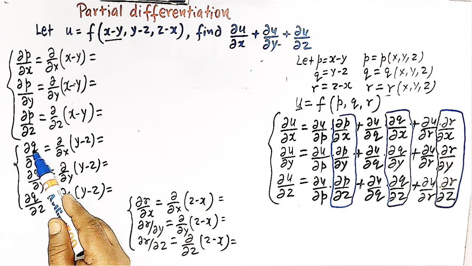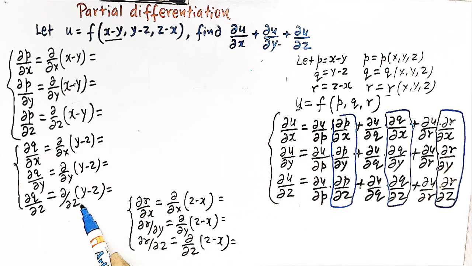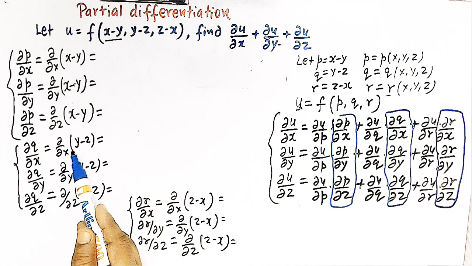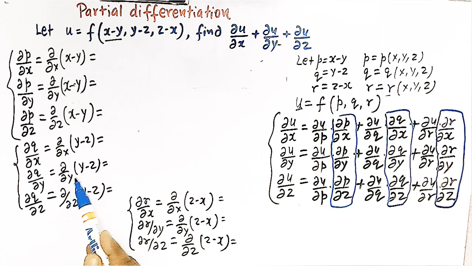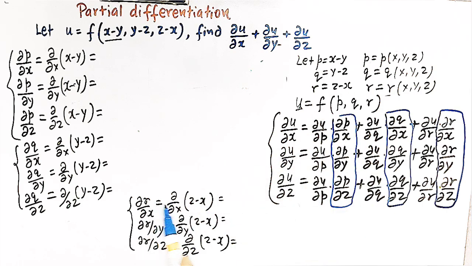Similarly here we have for q, y minus z, and we have these three expressions: ∂/∂x of y minus z, ∂/∂y of y minus z, ∂/∂z of y minus z. And here for r we have z minus x, so we have ∂/∂x of z minus x, ∂/∂y of z minus x, and ∂/∂z of z minus x.